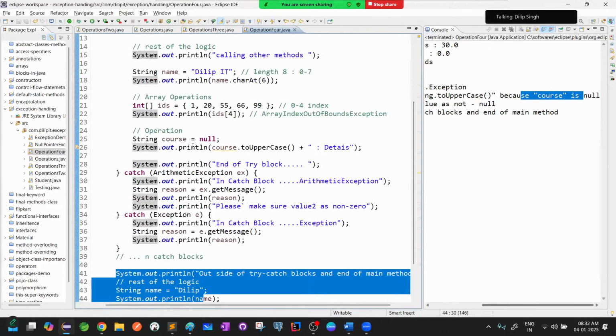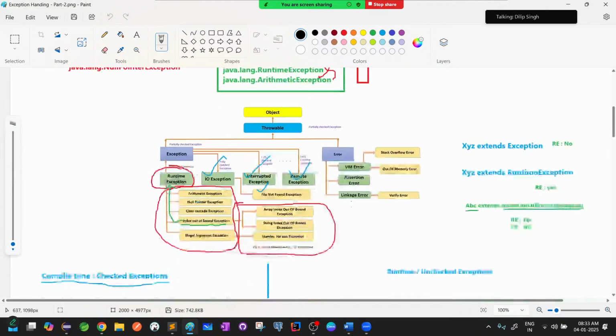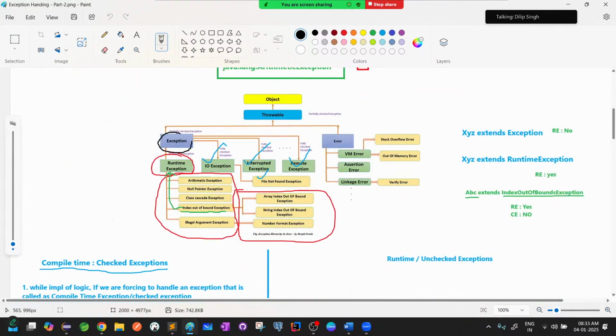But this time, you got null pointer exception. There is no catch block available for null pointer exception, but Exception is the parent class for all exception classes. If you go to the diagram from yesterday, Exception is the parent of all other exceptions.